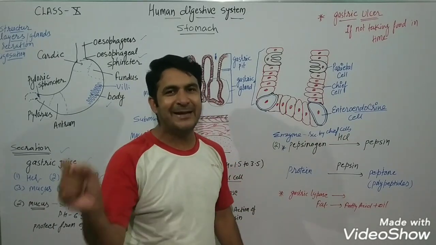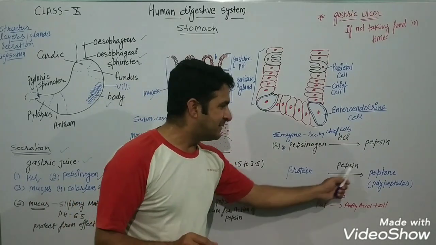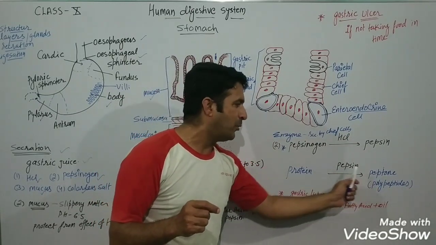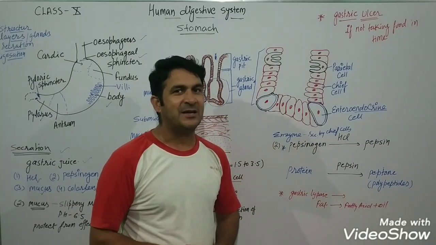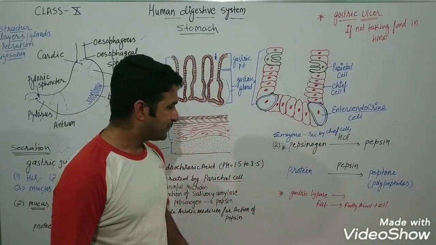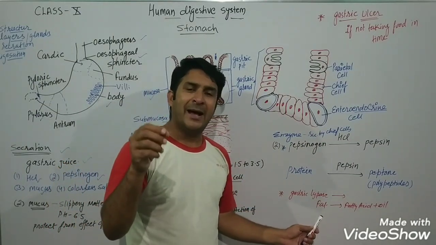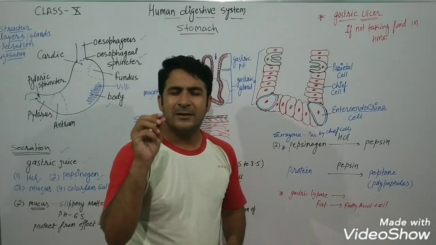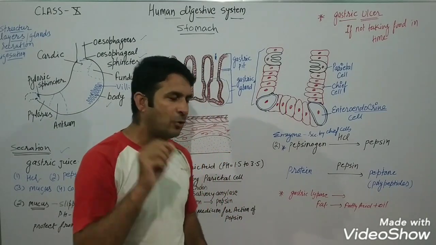It is not complete digestion, but this is the beginning of the digestion, where protein is converted into peptone with the help of the pepsin enzyme in the stomach. Another enzyme is also found in the stomach, in a very small amount.